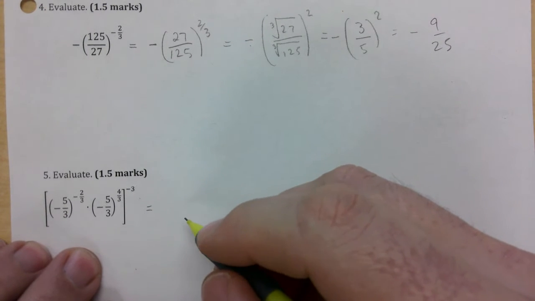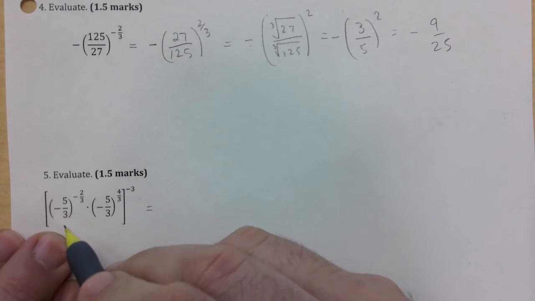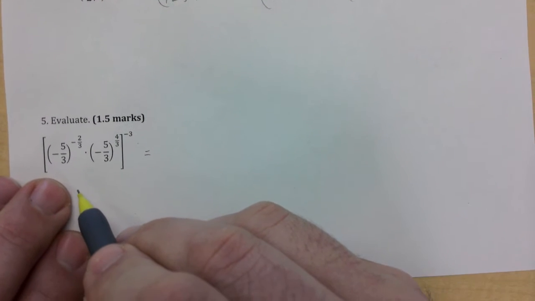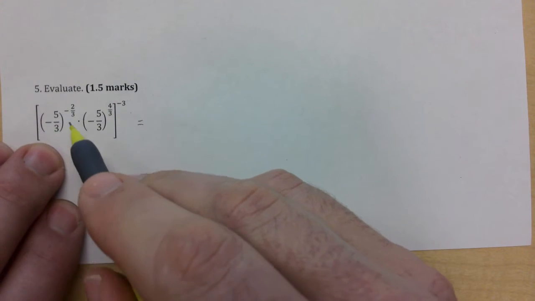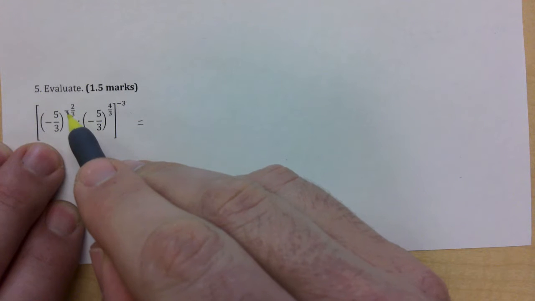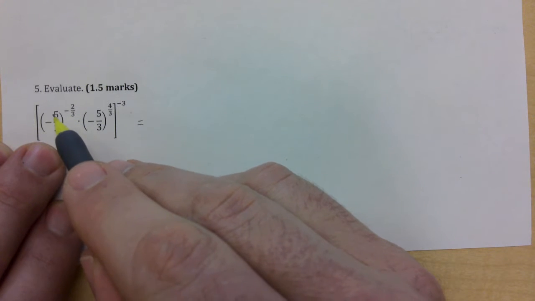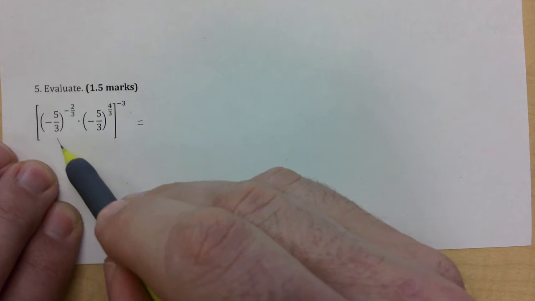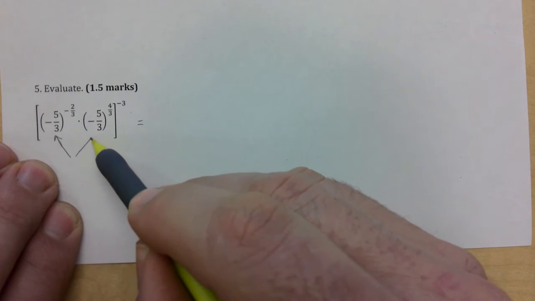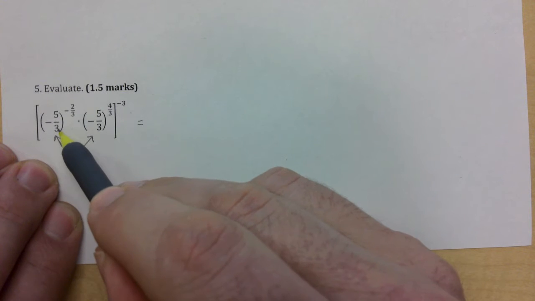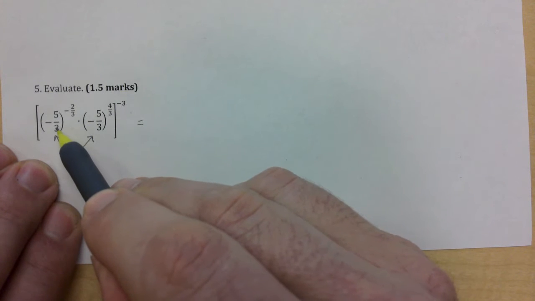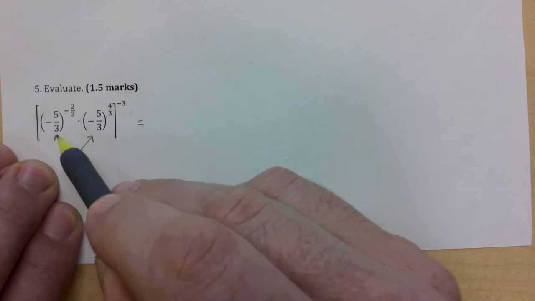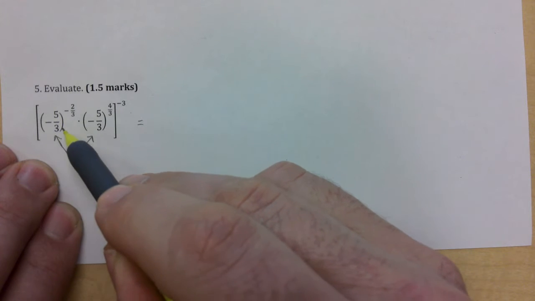Another here would be this one, where a lot of you went south is you try to get rid of this negative and you flip this fraction, okay? What you need to realize is that these have the same base. You want to keep them that way because it's almost like this is an X or an A or whatever, right?